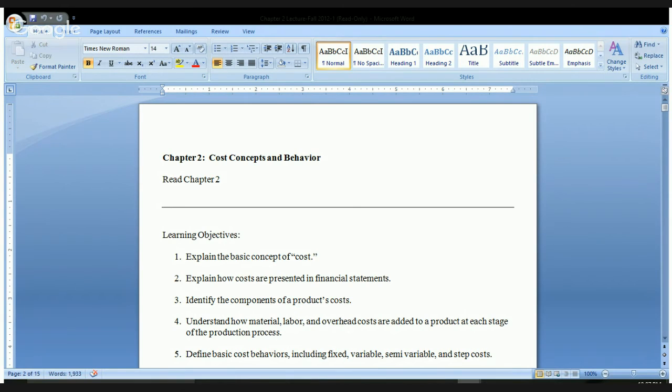So now, if you notice, in work in process we only have one missing. So if we look in work in process here, what is work in process? That's beginning plus the direct materials plus the direct labor plus the manufacturing overhead minus the cost of manufactured goods equals the ending.